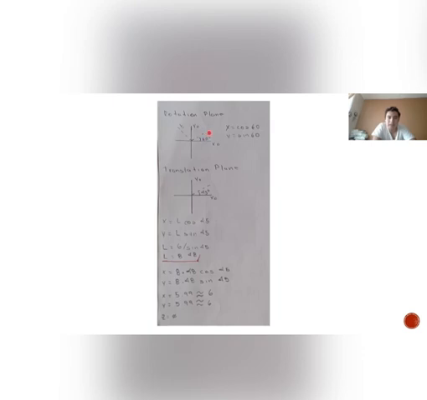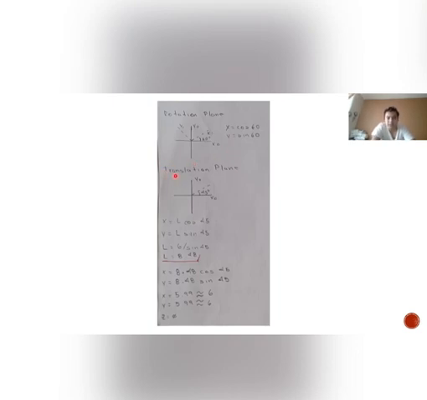And now we draw the X1 and Y1, and we remember that x is equal to cos of 60, and y is equal to sin of 60.